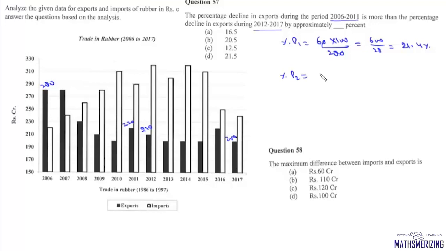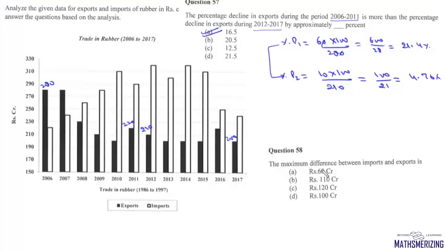So here the reduction is 10 into 100 upon 210, and that is simply 100 by 21, which is nearly 4.76%. So what is the difference between the two percentage declines? This difference is nearly 16.6, or nearly 16.5, and that's your option A.